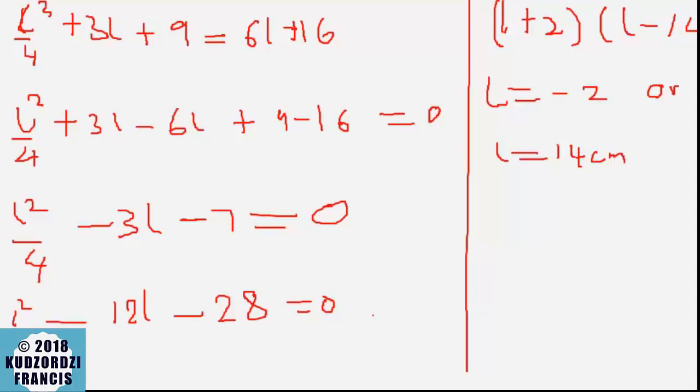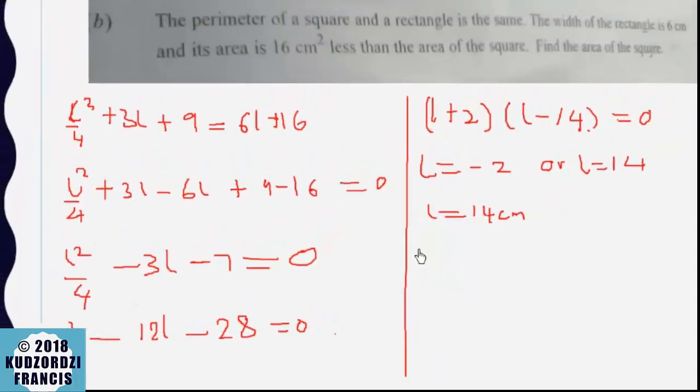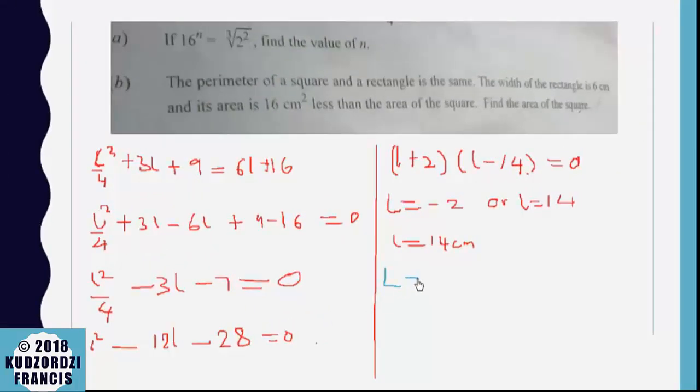Now you know that the length of the square is equal to 1 over 2 times the length of the rectangle, which is 14, plus 3. When you simplify this, you get 7 plus 3, which is equal to 10 centimeters.